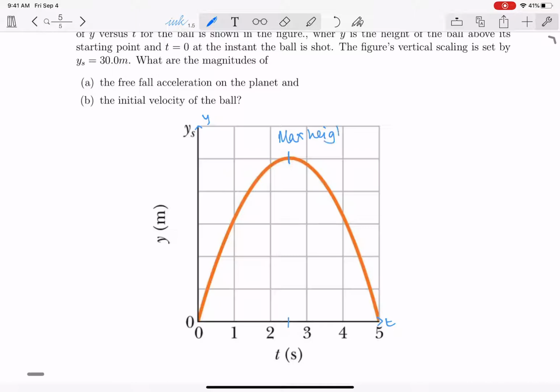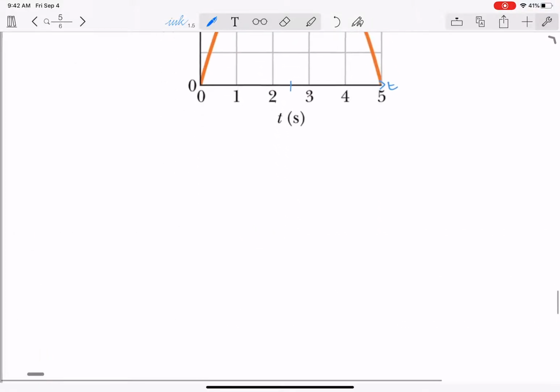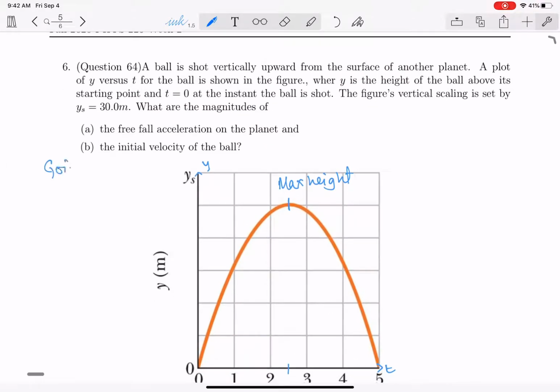You can solve this problem two different ways. Either you choose going up or coming down, whichever you pick. I'll solve both ways. Let's write the variables here. Going up, and coming down.